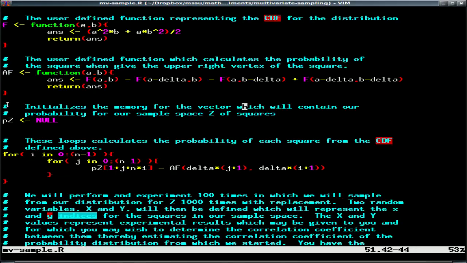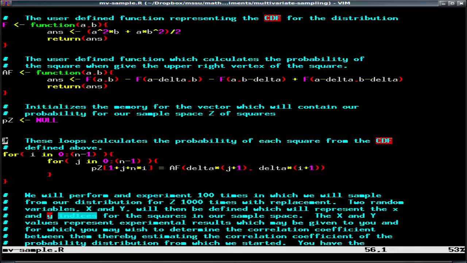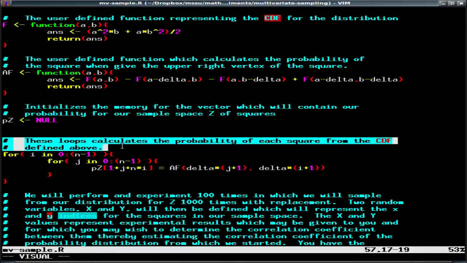And now PZ. We're going to initialize a variable that we are going to put values into. For i going from 0 up to n minus 1, and for j going from 0 up to n minus 1, we are calculating the area of that particular subsquare.